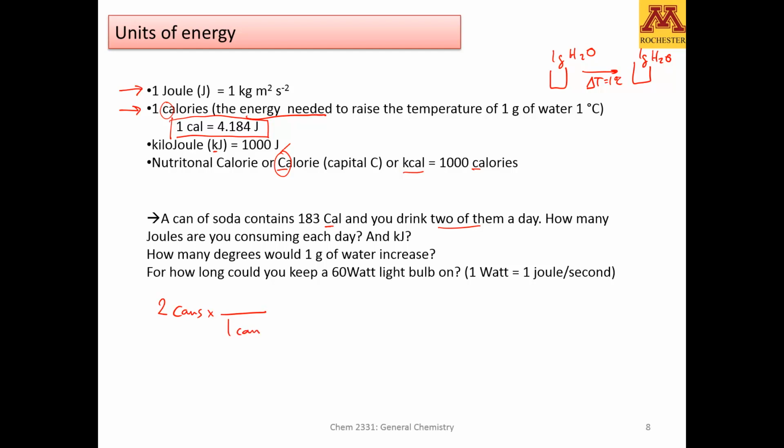So you need to set up a factor conversion, and there are many ways to do this, but if you say that you drink 2 cans, that's what I will start with, and you know that 1 can contains 183 calories, and it's asking me how many joules, so I need to jump into lowercase calories, and I know that 1 calorie is 1,000 lowercase calories, and now I transform lowercase calorie into joules, I'm going to use this number over here, 4184 joules, and I plug this into a calculator, and I believe that this is 1,531,344 joules.